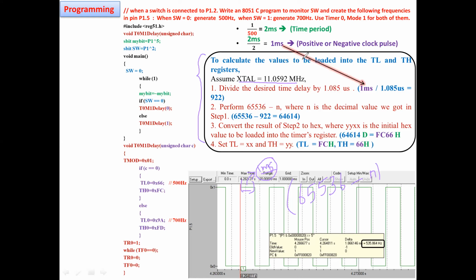If this is the crystal frequency connected to the 8051, then your time period is 1.0852 microsecond. If the input frequency is different, then you should place a different value here. So this is equal to, now you know the answer.